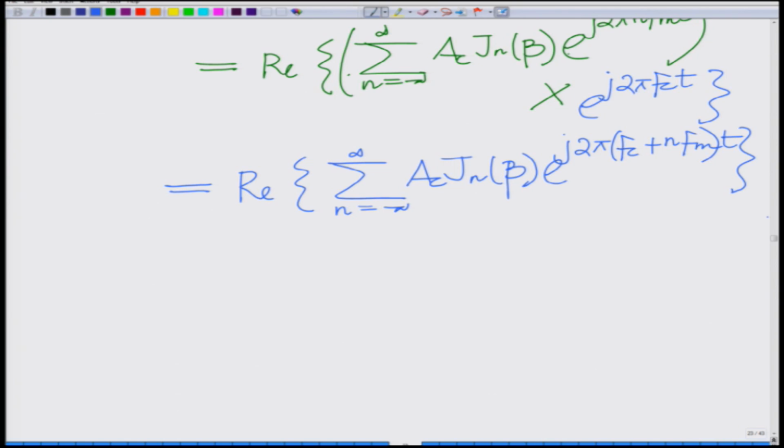Taking the real part, e to the power of j 2 pi (fc plus n fm) t is simply cosine 2 pi (fc plus n fm) t.